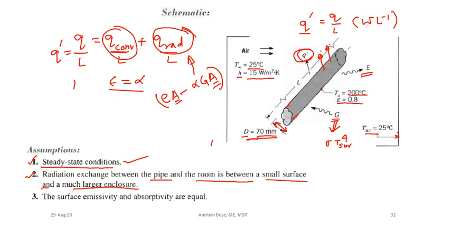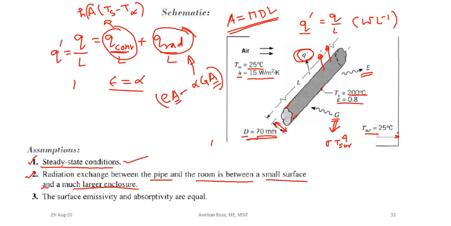And what is the area? This area is the surface area of the pipe. The surface area of the pipe, A, is equal to pi d into the length of the pipe. And what is the Q convection part? From Newton's law of cooling, this is h into area into the temperature difference between the surface and the surrounding, so Ts minus T infinity.